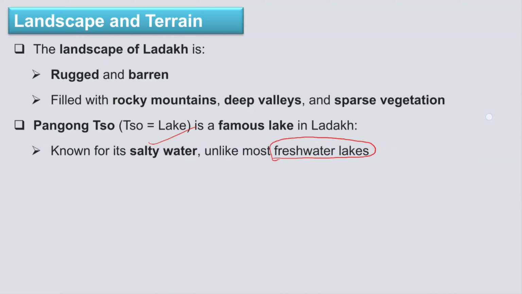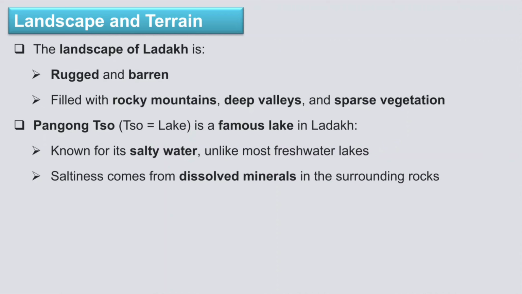The ocean waters are salty, isn't it? That is why this freshwater lake here is salty, because it gets the minerals dissolved from the mountains around it. So that is why it is salty. Okay, so the saltiness comes from the dissolved minerals in the surrounding rocks, because those rocks were all a part of the ocean before, isn't it? It was the ocean floor, so it all got folded and it is now Ladakh.